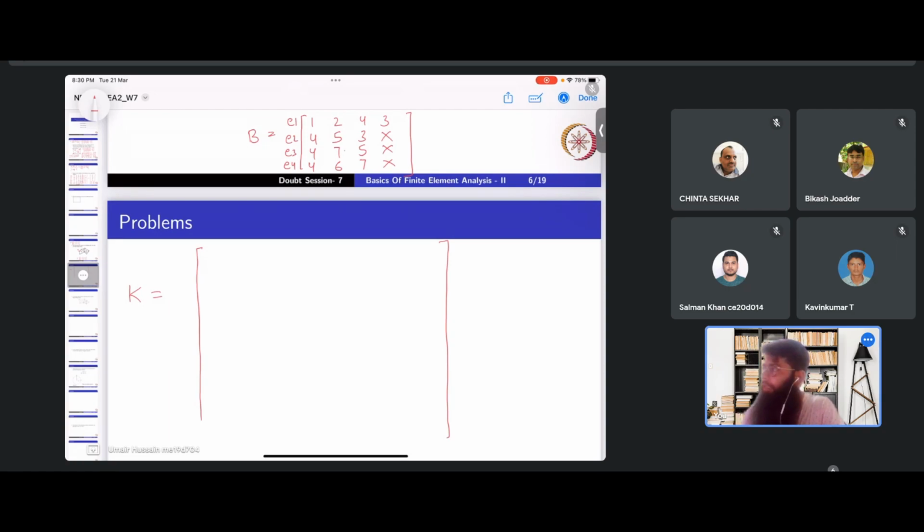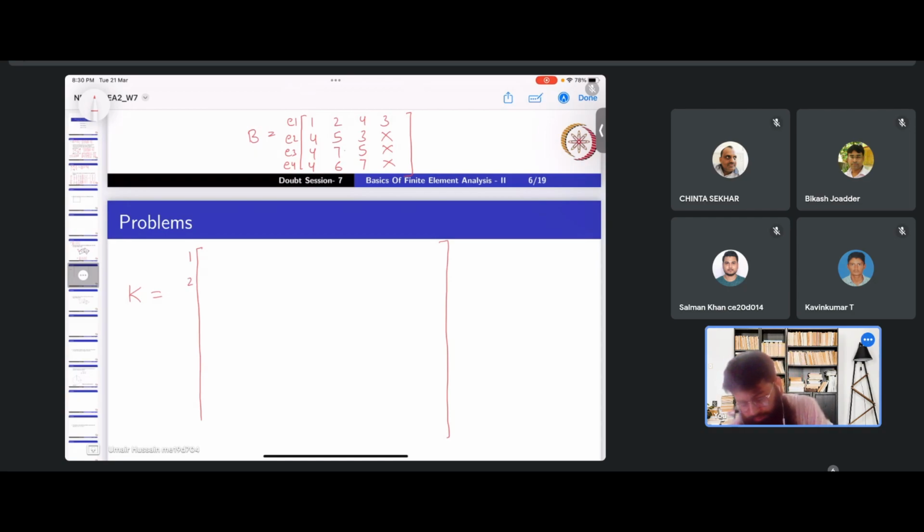First of all, what would be the size of the stiffness matrix here? Other people can also answer this. Can I expect a 7 by 7? Yes, 7 by 7. If you look at the connectivity matrix, the highest node number is 7, so we have 7 by 7.